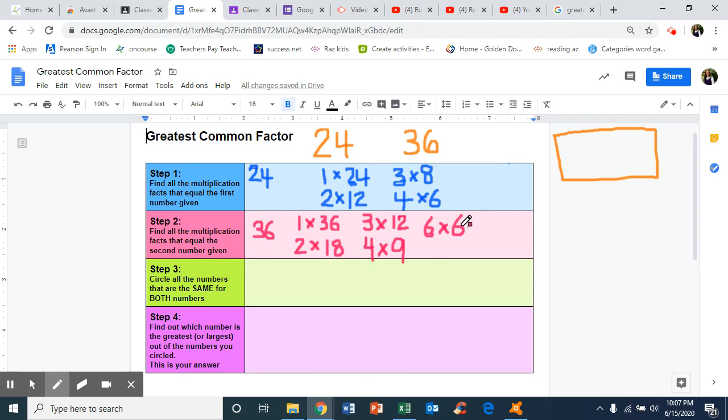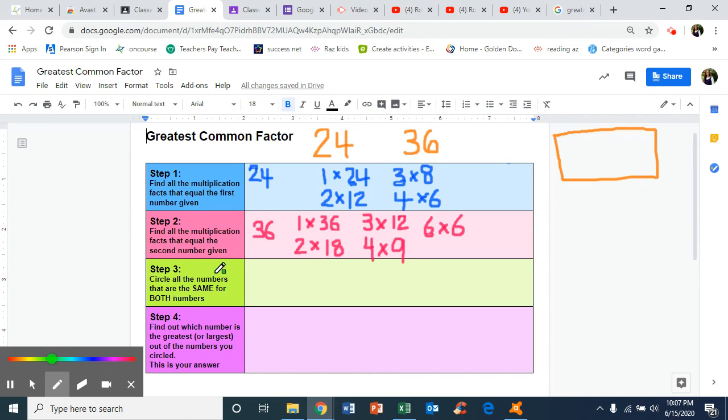And since this is a double, you don't need to go anymore. You are all done. If you keep going, there's nothing for 7, there's nothing for 8, and then you would get to the number 9, which would be 9 times 4, which would just be this reversed.